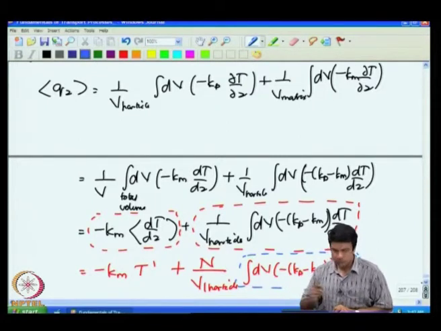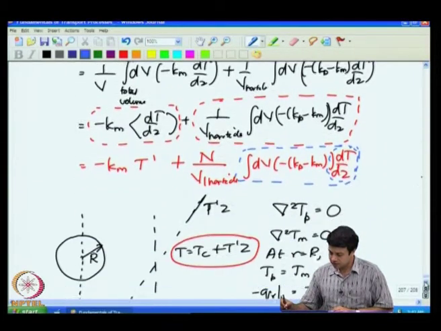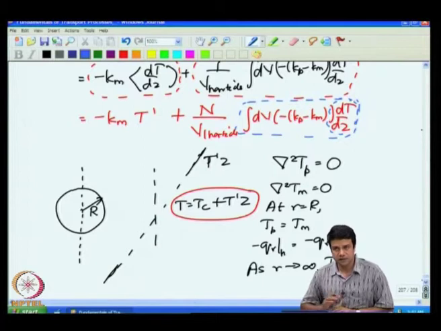So, without loss of generality, I can assume that the temperature at the center of the particle, as far as this calculation is concerned, is equal to 0.